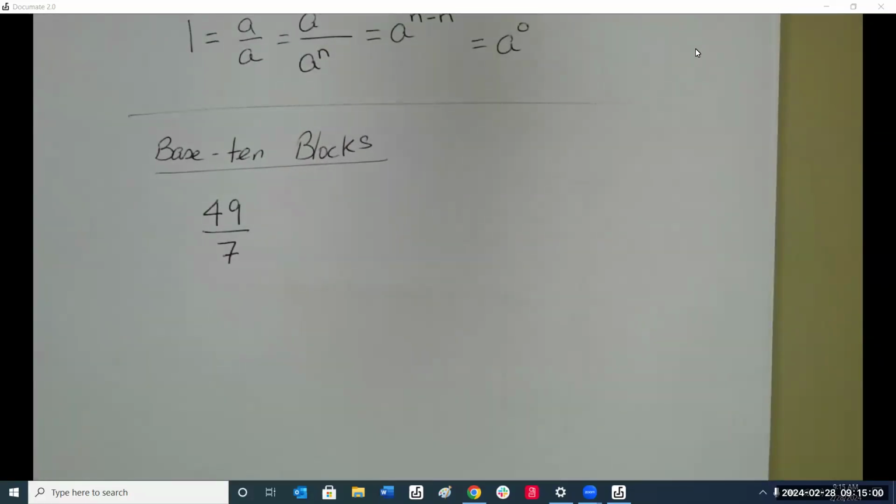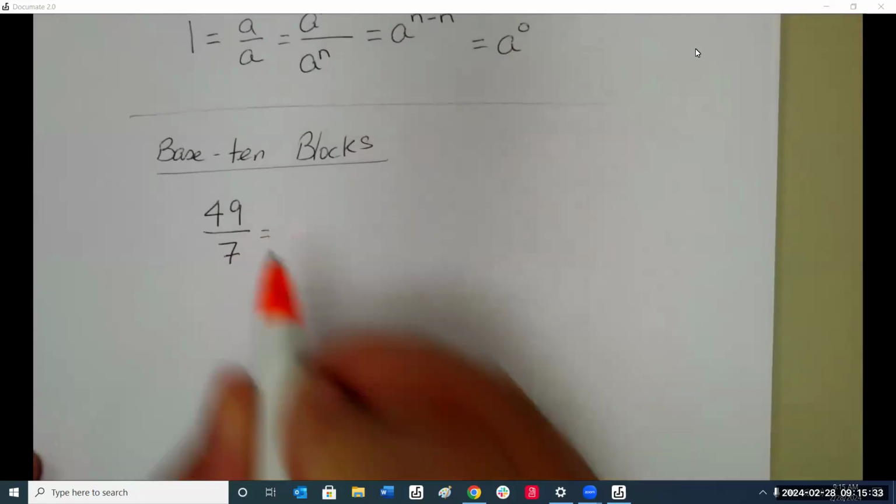How would you do that using base 10 blocks? So running it up to 50, or no, do I have to do something to the bottom? Running it wouldn't work. Think of one of the 3 methods we talked about. How would you represent 49 in blocks?